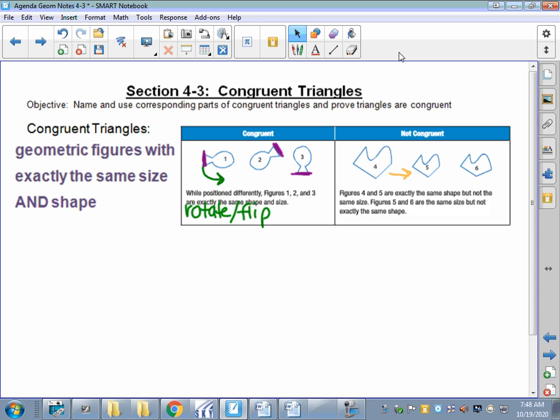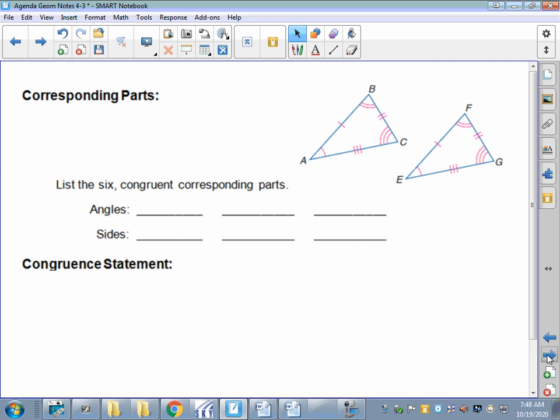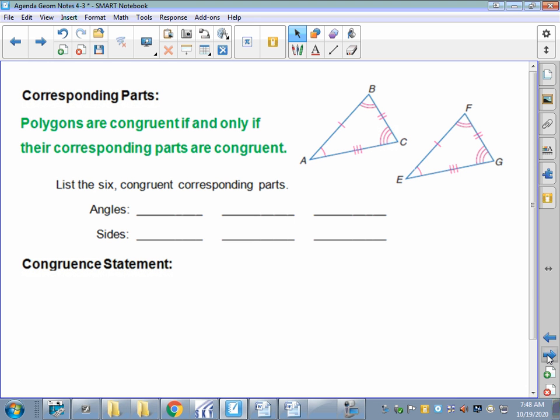So let's talk about those corresponding parts. The whole idea is polygons are congruent if and only if their corresponding parts are congruent. So let's list all the corresponding parts.